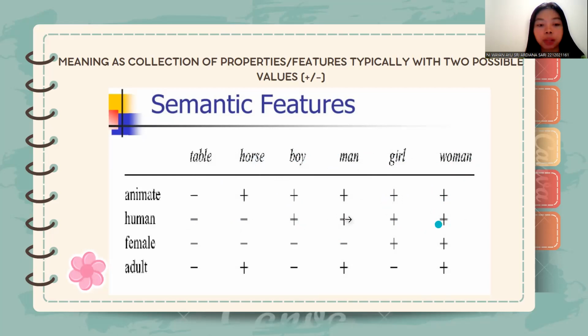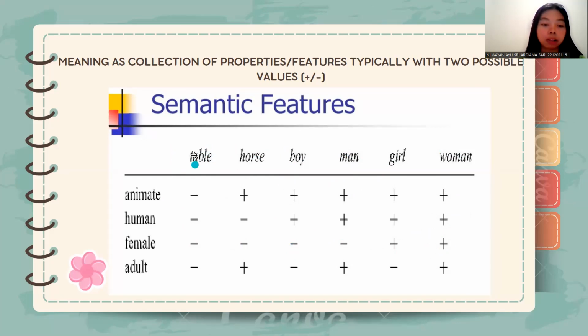And a table would have minus female, and horse would have minus female, and a boy would have minus female, and a man would have minus female, and a girl would have a plus female, and a woman would have plus female.